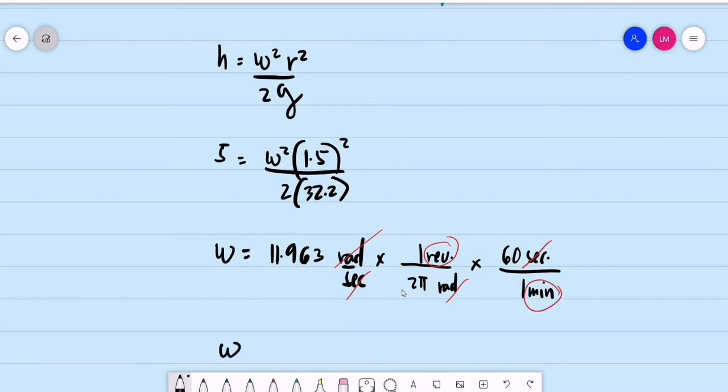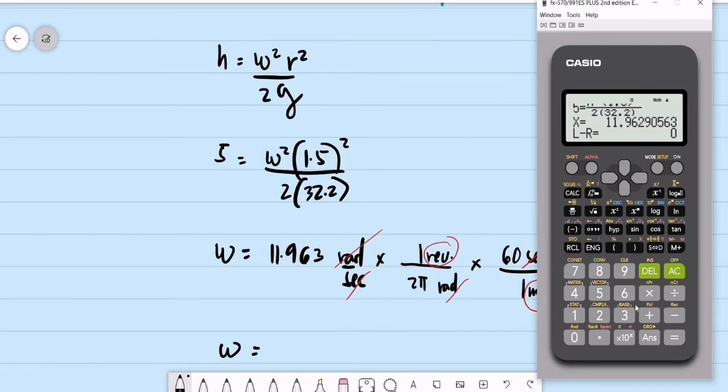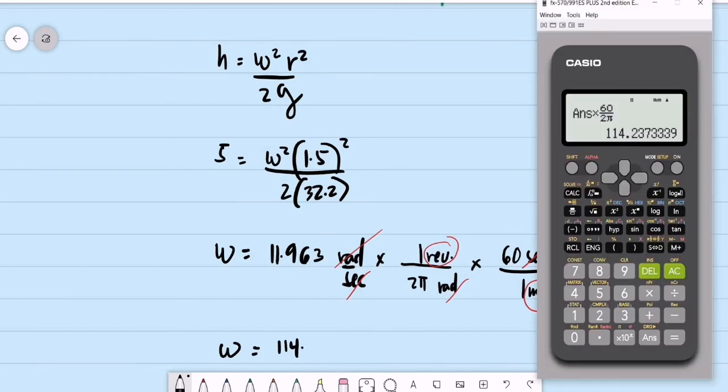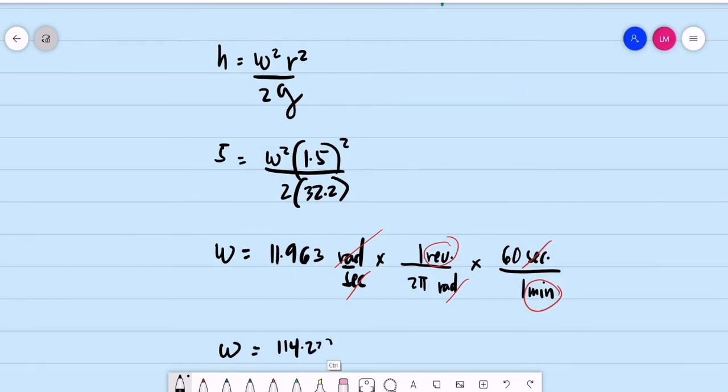So we have the angular velocity is now equal to 11.9629, I'll be using the stored value, multiplied by 60 divided by 2 pi, equal to 114.237 revolutions per minute, or the RPM.